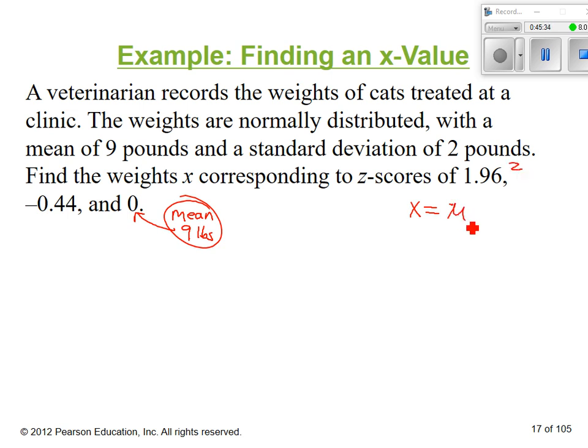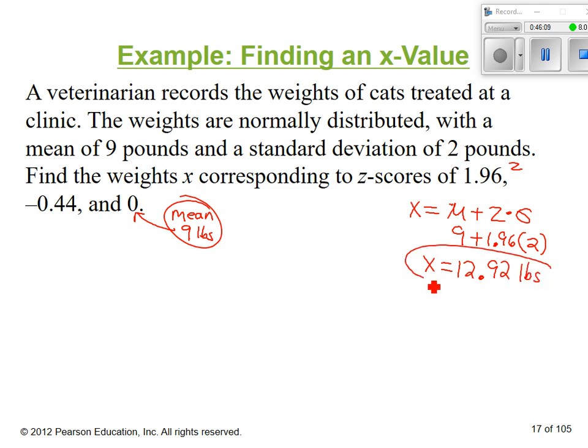Mu plus z times the standard deviation, right? So the mu this time is 9, z-score is 1.96, and the standard deviation is 2 pounds. You can punch all of that into your calculator. What's that give you? 12.92. So that cat weighs about 12.92 pounds.